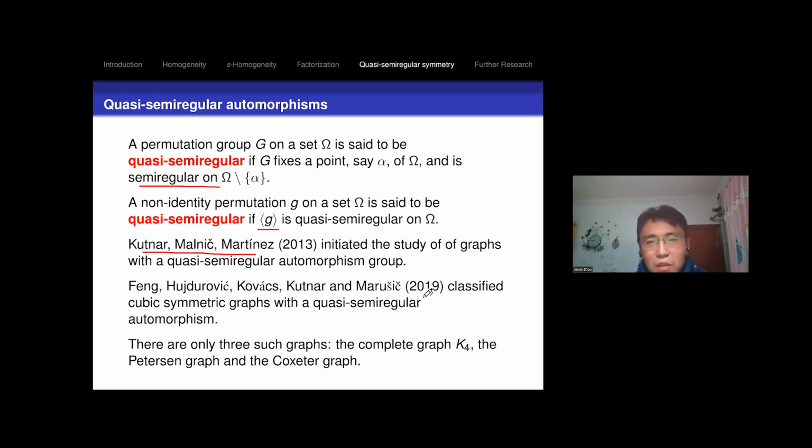And some years later, these 5 persons classified cubic symmetric graphs with a Cauchy semi-regular automorphism. It turns out such graphs are rare. Actually, there are only 3 such graphs: the complete graph K4, the Petersen graph, and the Coxeter graph. Three small graphs. This is for the cubic case.